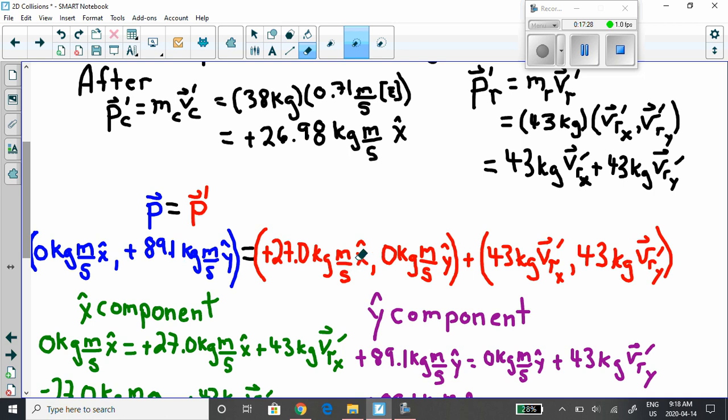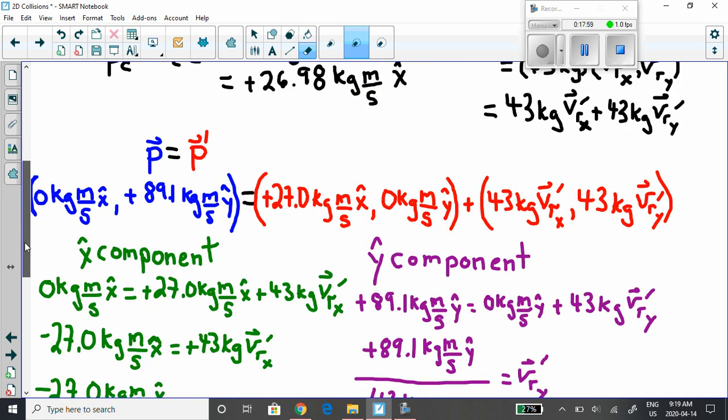Now, momentum as the child is walking has to equal the momentum of the child as the child is walking. So here it is. This is momentum of the child as the child is walking, plus momentum of the raft as the child is walking. So I plug that in there. And look, I've got two unknowns here. Velocity of the raft as the child is walking, x component. Velocity of the raft as the child is walking, y component.